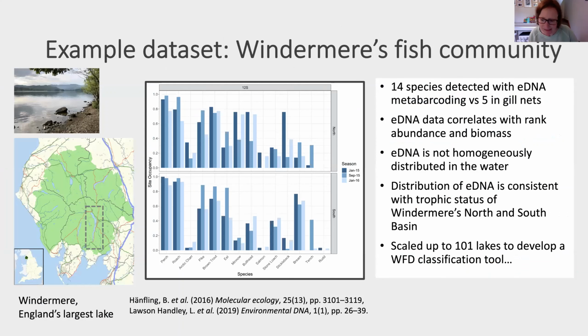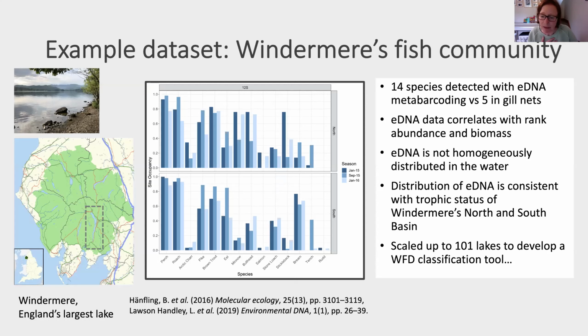So that's my point. So this is one example data set. We've been doing a lot of work on Windermere as our kind of flagship case study, and an example of the fish data sets that we're pulling out from Windermere. So we sampled on Windermere over 3 sampling time periods, and we also compared to established methods, which are gill netting, basically.